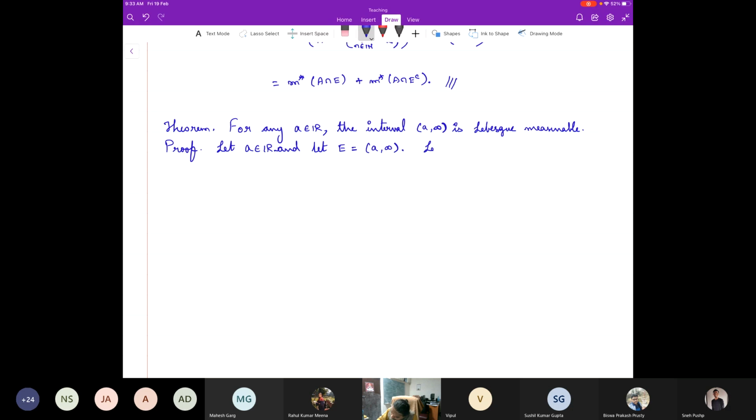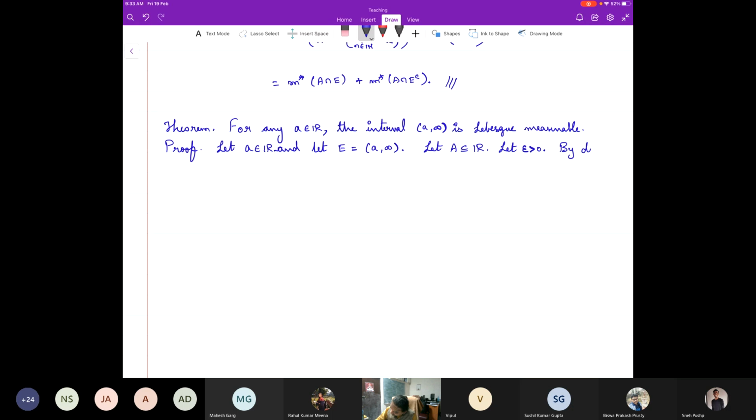For this, as usual, let's begin with a subset A of R. Our idea, as usual, is to use the epsilon. Let epsilon be greater than 0. Now I have a subset of R and a positive epsilon.